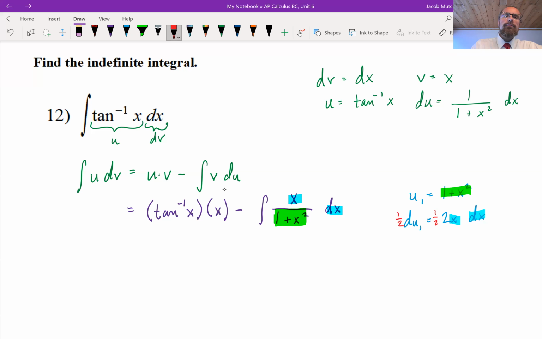Now I'll just focus on this integration part. We'll bring down the inverse tangent of x times x in a moment. So the integration is going to be equivalent to, I'll put that half outside, 1 over u du. And that's going to be easily integrable as the natural log of u.